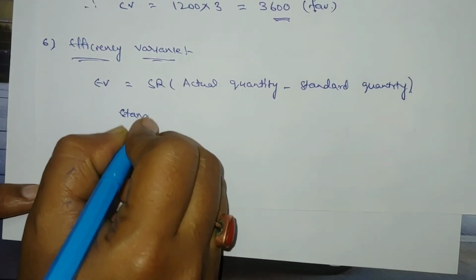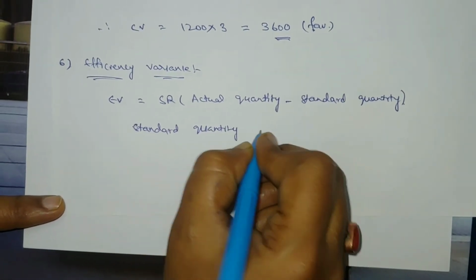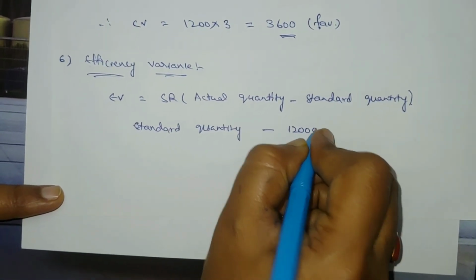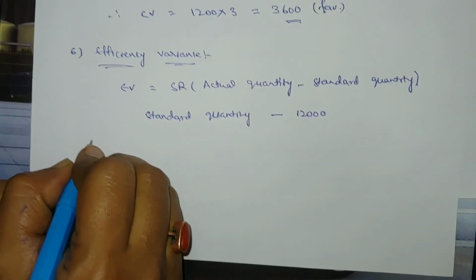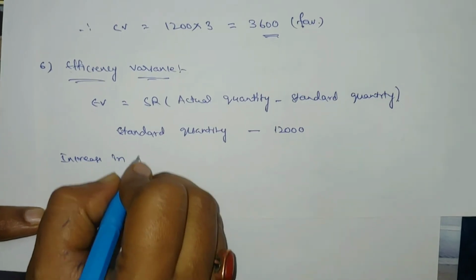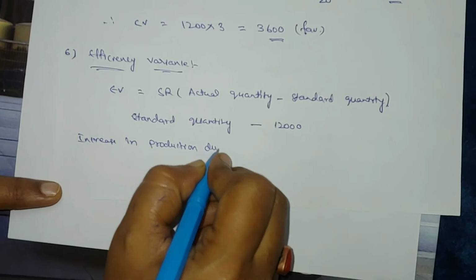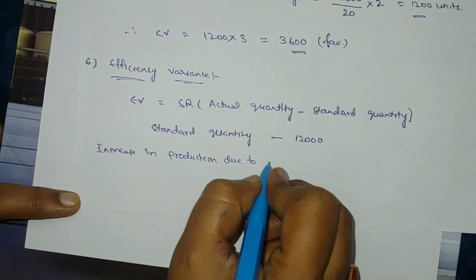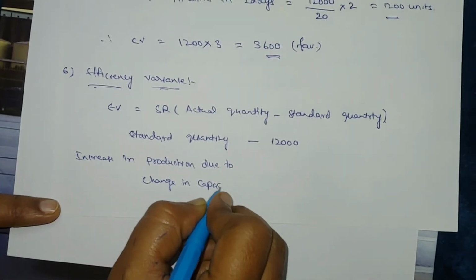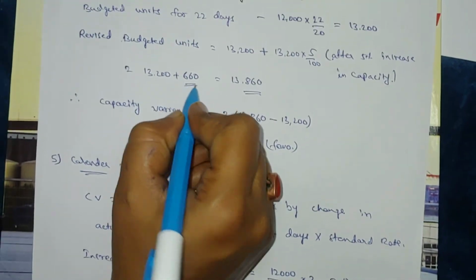In this, standard quantity is equal to 12,000 for the first 20 days. Next, increase in production due to change in capacity, it is 660.